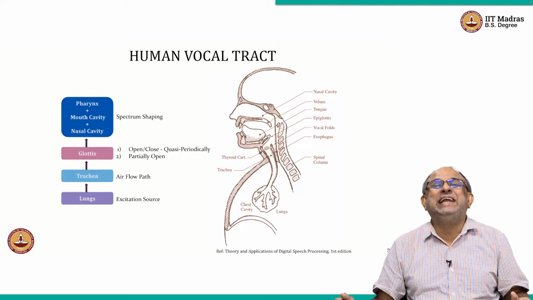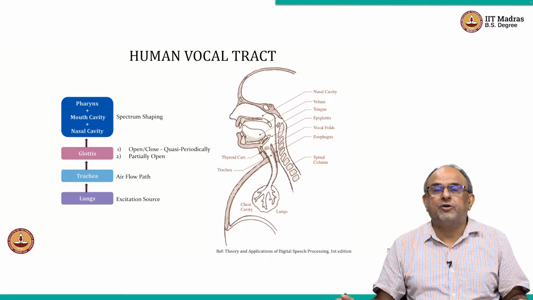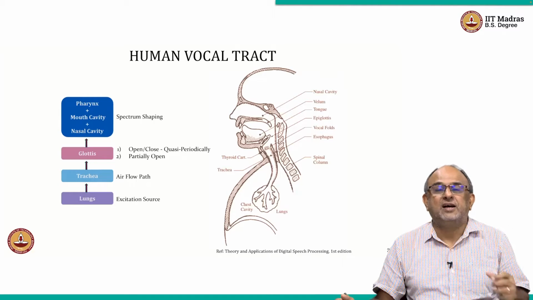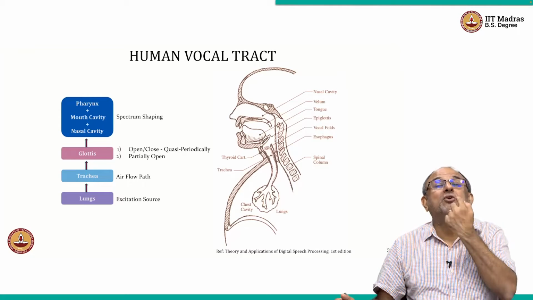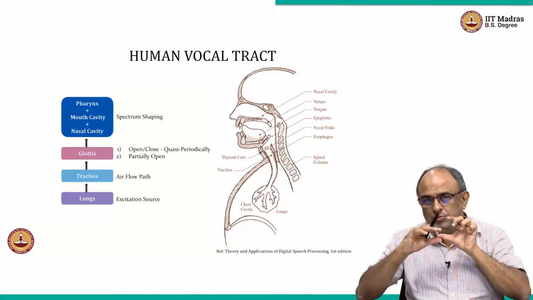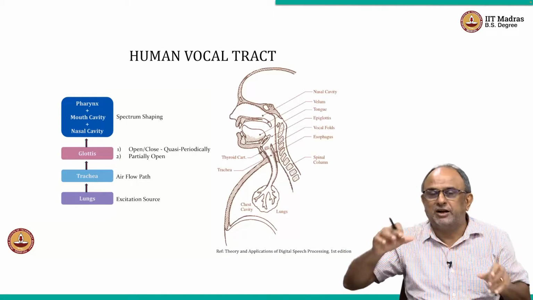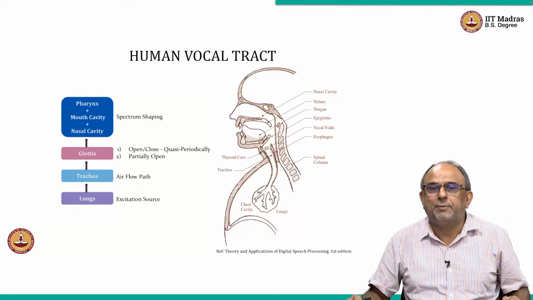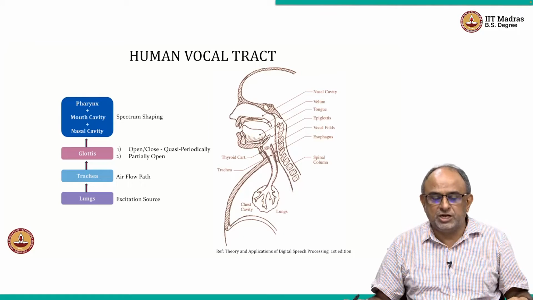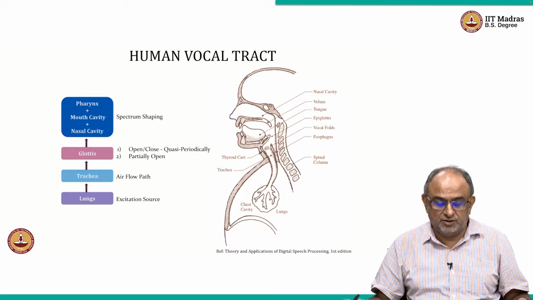When I say ah, I open the mouth, the tongue is almost flat, and it's one uniform kind of tube that comes out. So different sounds are produced by changing the mouth to different positions.